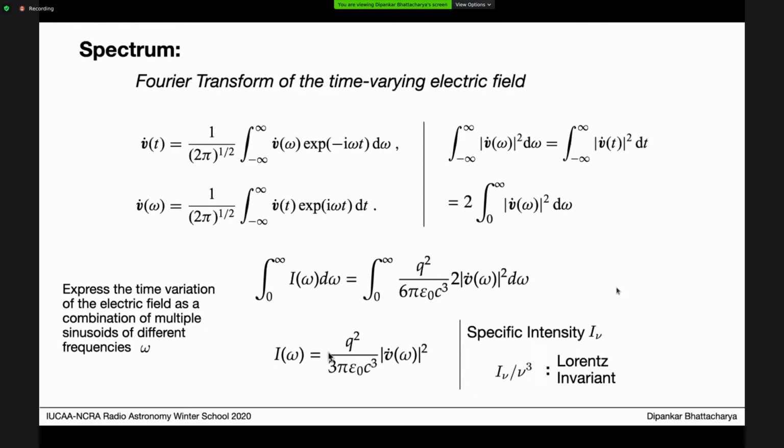My I of omega now, the intensity as a function of frequency, can simply now be written as q squared, which we already had, times v dot of omega whole squared, instead of v dot of t squared, which was the total power emitted in the time domain.